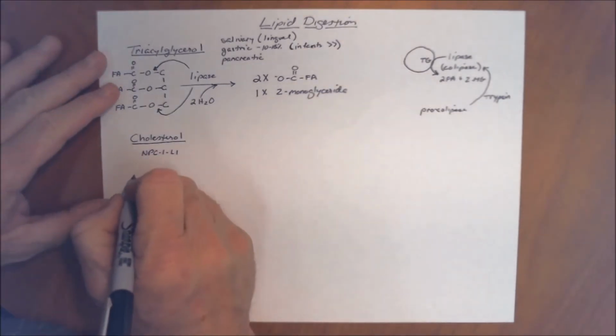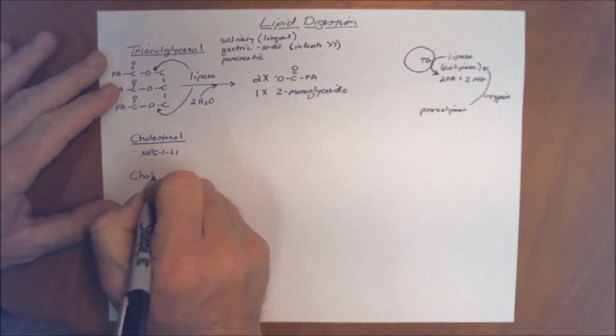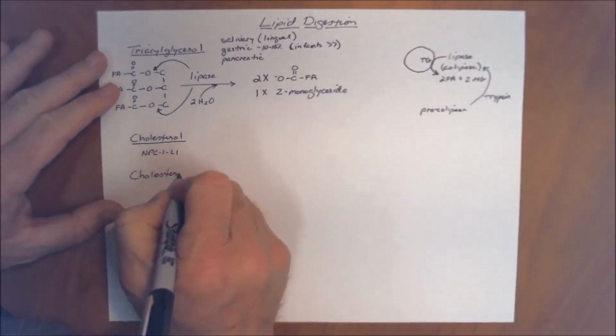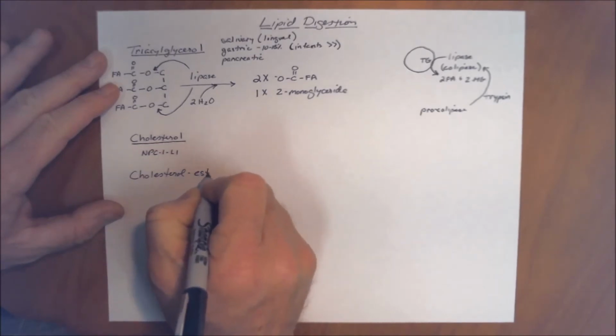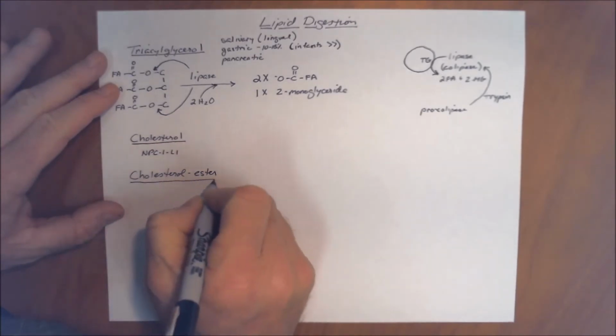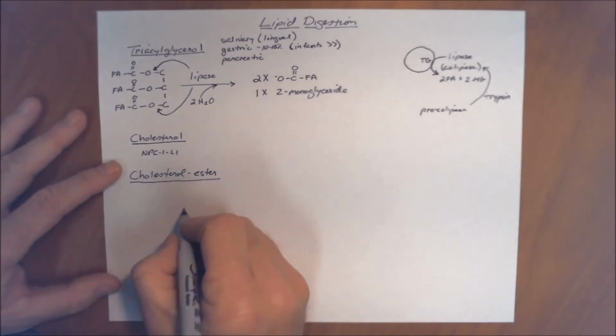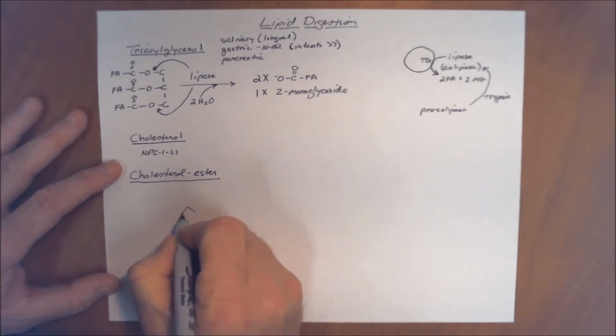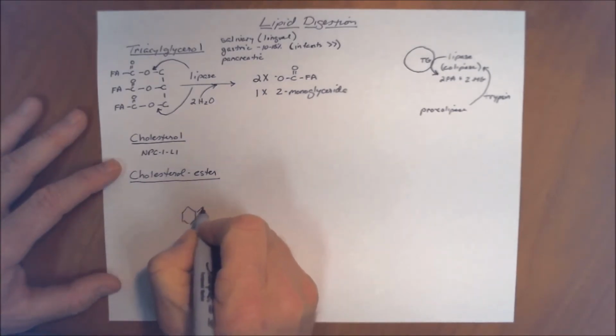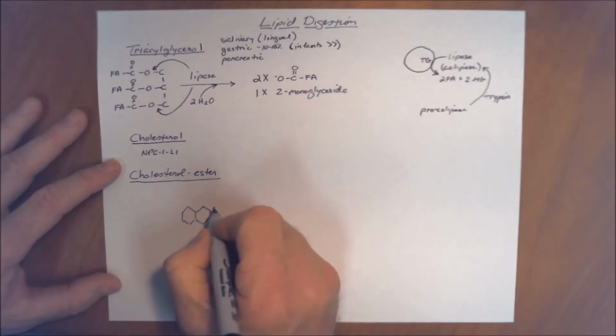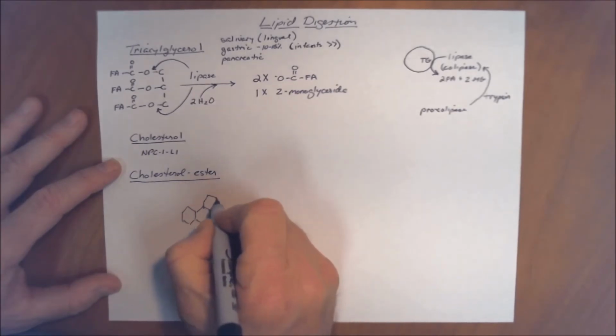The other major lipid is a derivative of cholesterol, and this is called a cholesterol ester. Now, the cholesterol ester has a fatty acid on it. Let me quickly draw the cholesterol structure.